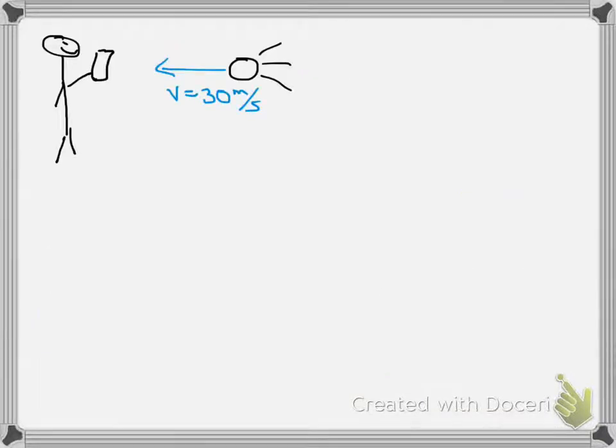Well, let's look at another example. Let's say that there's a baseball player who is going to catch a ball coming at him, and the velocity of the ball is 30 meters per second. And when he catches it, he's going to bring that ball to rest. So the final velocity of the ball is 0.